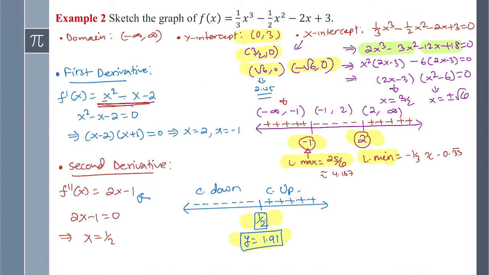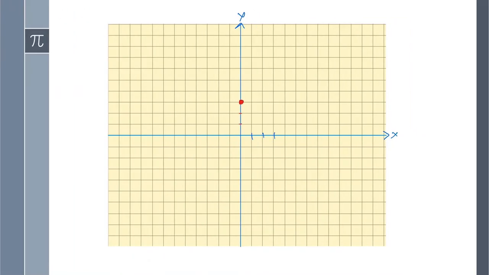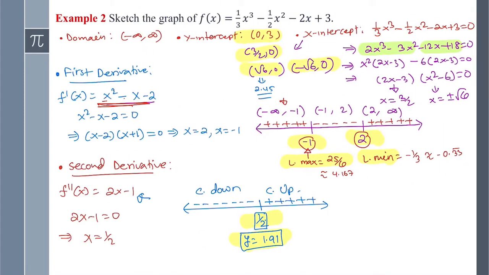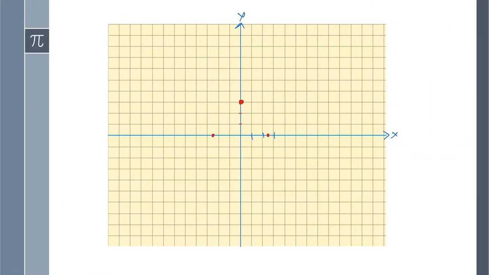So square root of 6 is 2.45. So 2.45 means somewhere here, and then 2.45 somewhere here. Those are the x-intercepts. And then let's look at max and min. So we have local max at -1, which is 4.167. So at -1, so 3, 4, somewhere here, local max.